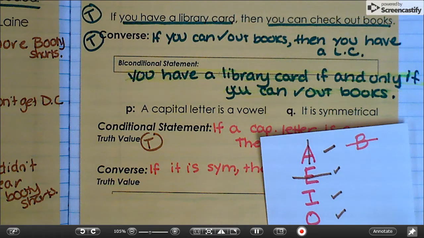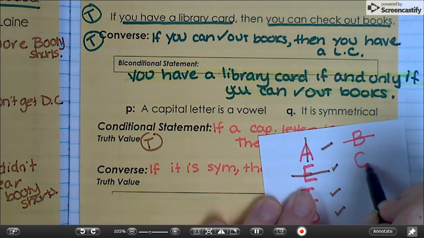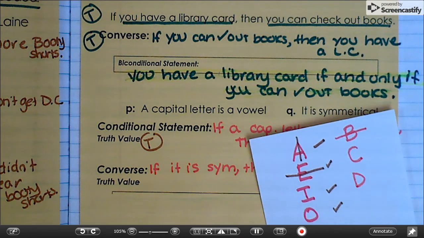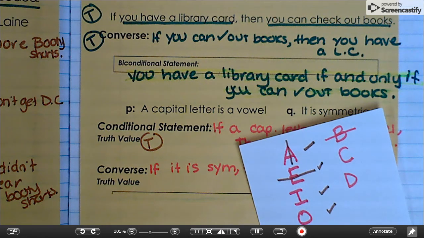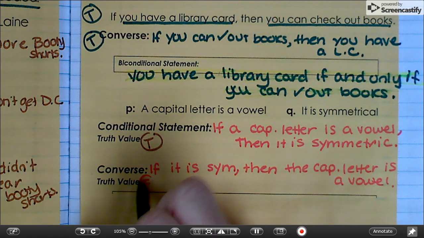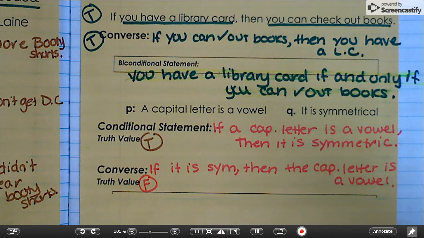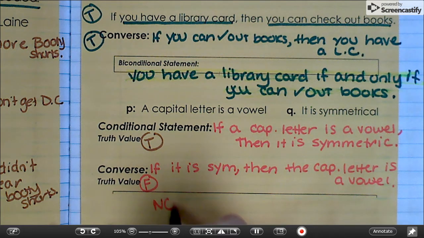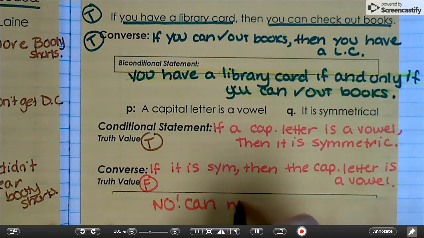We can fold a B in half. If you don't believe me, you can fold a C, you can fold a D. All of these are symmetric letters as capitals, depending on, of course, your font. So this is false, because if it's symmetric, it could be a consonant also. So can we write a bi-conditional statement? No. Cannot write it.